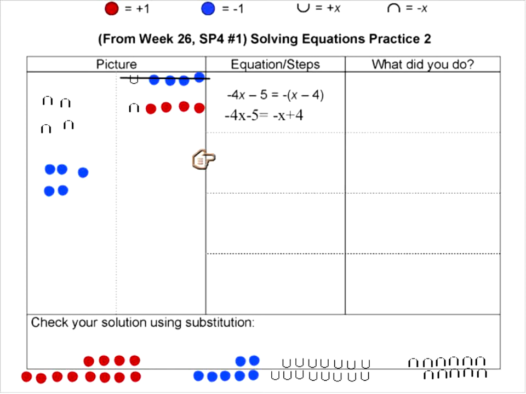You can add a positive cup to both sides as well. Those are just two, and there are other starting points. If you want to start out with the red and blue markers, you can do that too.